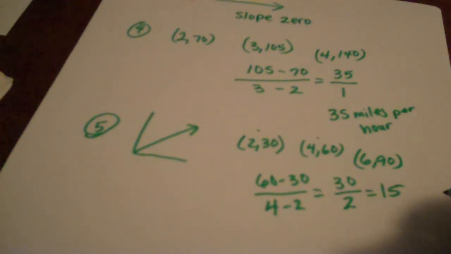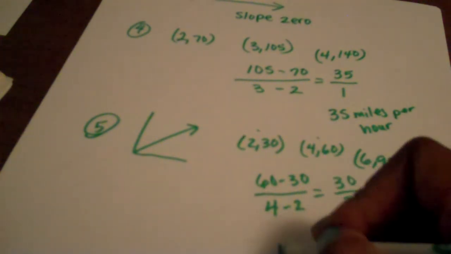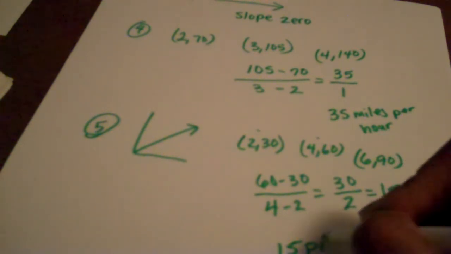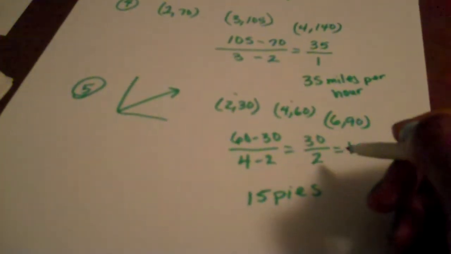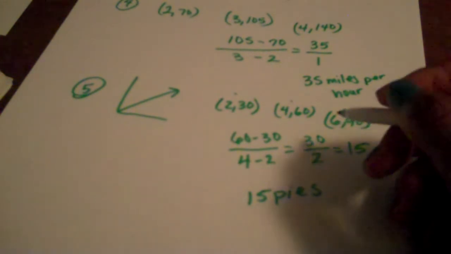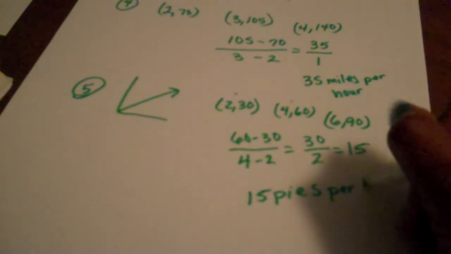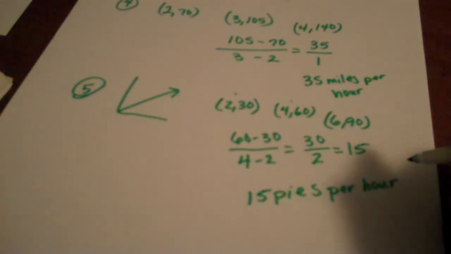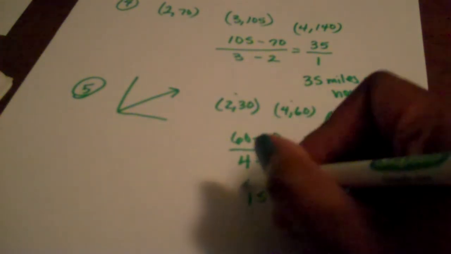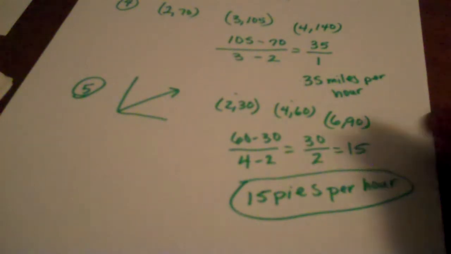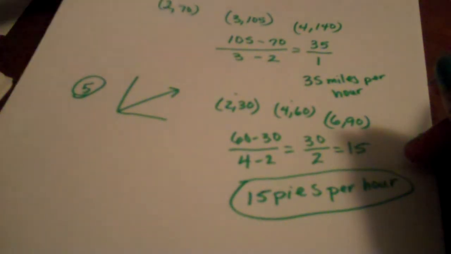Looking at our categories here, it tells us that 15 pies per hour. So that means that for every hour, 15 more pies are being made. Moving on to number 6, our last question.